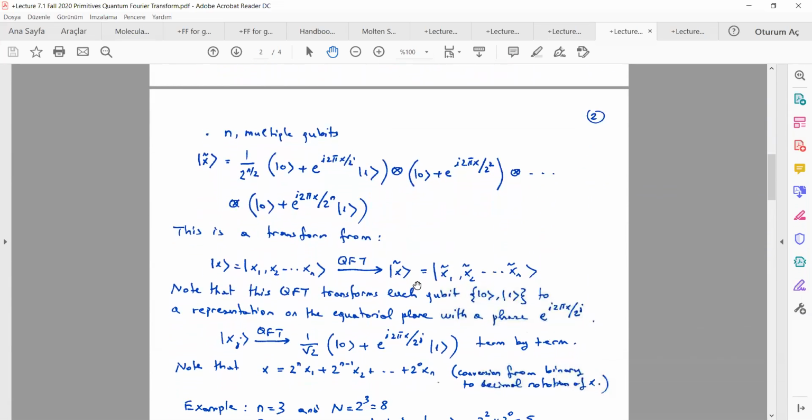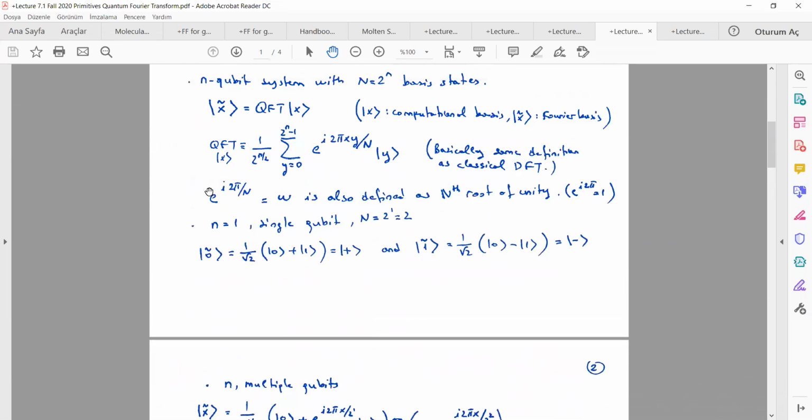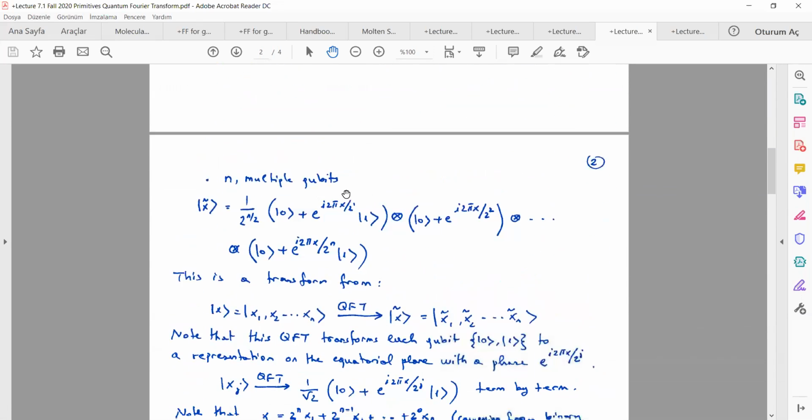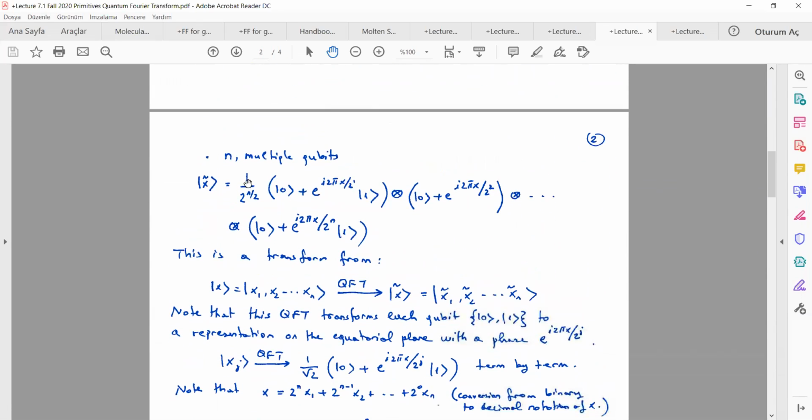But in general, if you have n qubits, for multiple qubits, this quantum Fourier transform expression can be expanded as follows. So this is again 1 over 2 to the n over 2, just the normalization factor, times ket 0 plus e to the i 2 pi x over 2 to the first power ket 1.